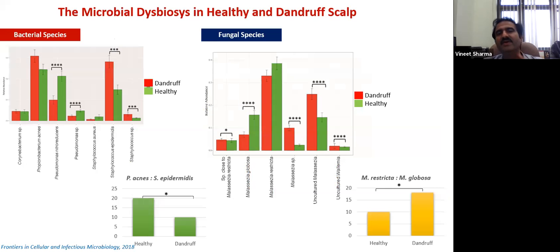Now, when we looked at these four species, we see that the proportion of Propionibacterium acnes, which is supposed to be associated with the healthy scalp, versus Staphylococcus epidermidis varies in the healthy and dandruff scalps, whereas the healthy-associated M. globosa was more compared to the restricta in the case of the dandruff scalps. So in the case of both fungi and bacteria, we identified how this dysbiosis arises and what percentages lead to it.